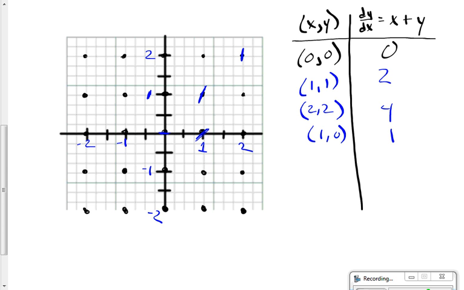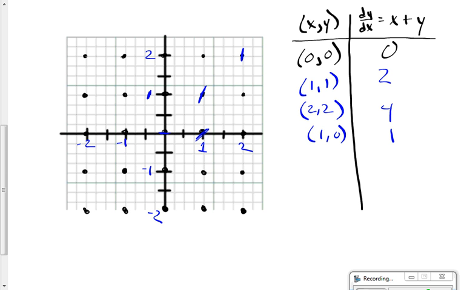Okay? Now, once you've done a few, you might want to start looking at trends. Is there anything now that's going to be predictable? Predictable in the sense that we really like slopes that are 0. Why? Because horizontal segments are easy to draw, right?